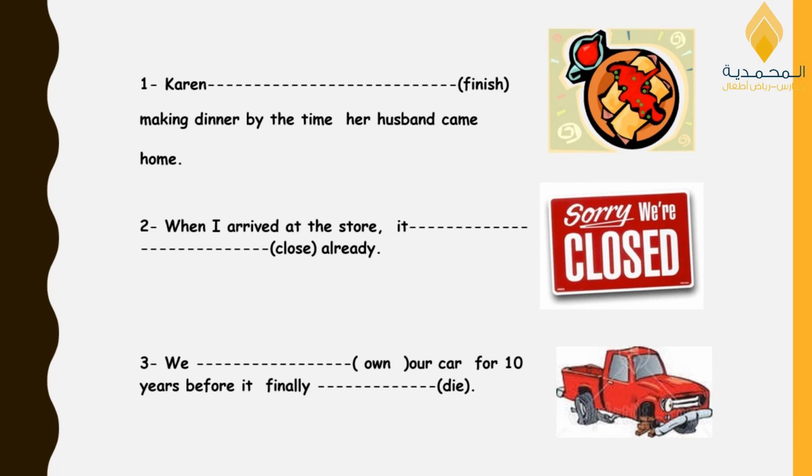3. We, dash, own our car for 10 years before it finally, dash. Let's have a look. Which happened first? Did the car die and stop working first, or did we own the car first?